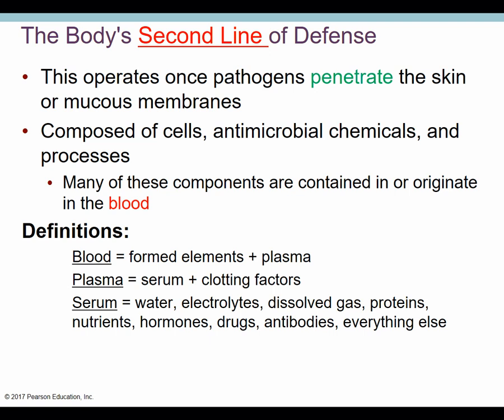And the serum, if we want to define that, includes the water, electrolytes, gases like carbon dioxide and oxygen, proteins, antibodies, nutrients, hormones, drugs, everything else. So the main difference is you have the liquid of the blood that has things dissolved in it, and then you have the cellular component of the blood, which we call formed elements.